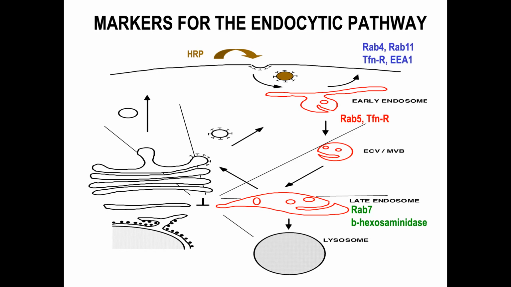This is the multivesicular body or endosomal carrier vesicle pathway, which utilizes microtubules and microtubule motor proteins, dyneins, to migrate towards the perinuclear region, or to migrate outwards of the cell in the secretory pathway by using kinesins, for example, so differently directed motor proteins.